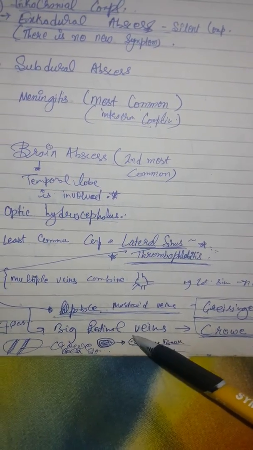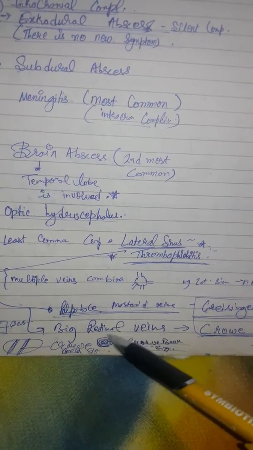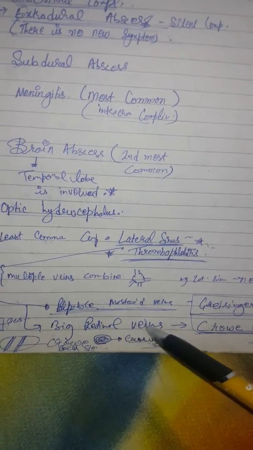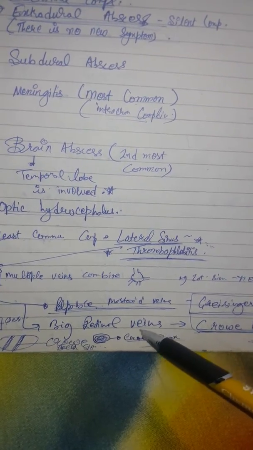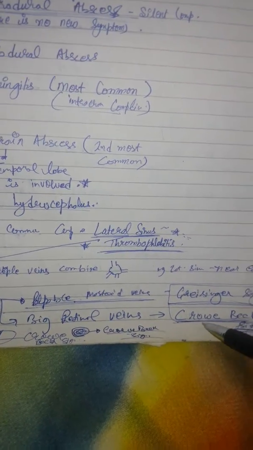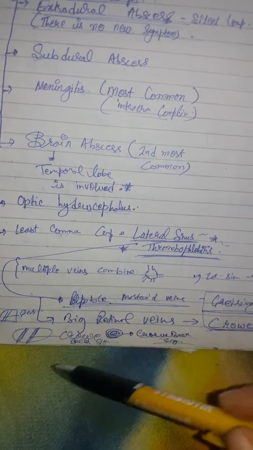When we do retina examination on ophthalmoscopy, we can see the big retinal veins, which is known as Crowe-Beck sign, like these two lines, big lines.